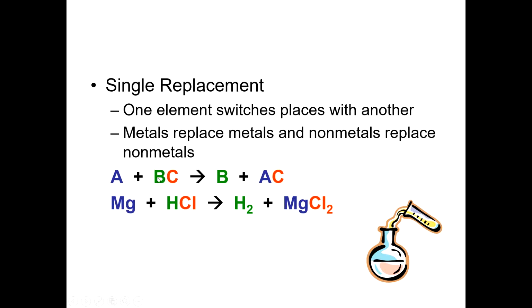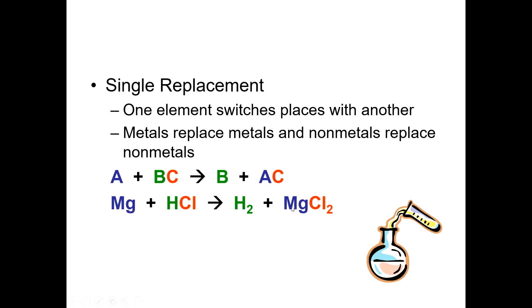So now one of the members of the couple is now single, and now we have a new couple. So some shady stuff happening here. In a real world example with chemicals, you can see that magnesium replaced hydrogen in the hydrochloric acid molecule. Hydrogen was released as a gas, so notice it's H2 on the right side of the arrow.